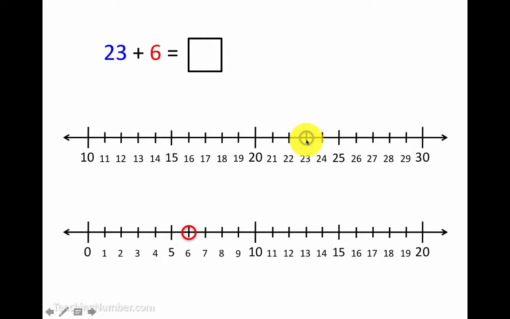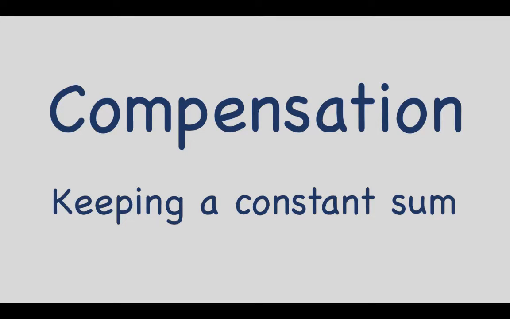23 is a distance of 3 away from 20, and 6 is a distance of 4 away from 10. Thus, 20 is the nearest 10, and we will use 20 to create a 10-friendly equation. We will use the strategy of compensation, or keeping a constant sum.